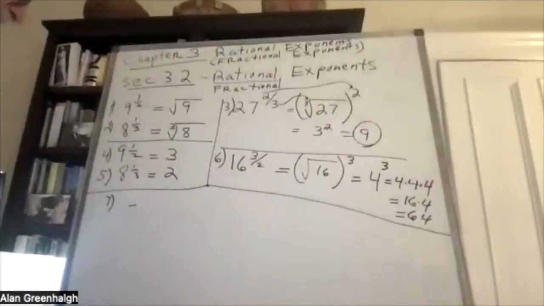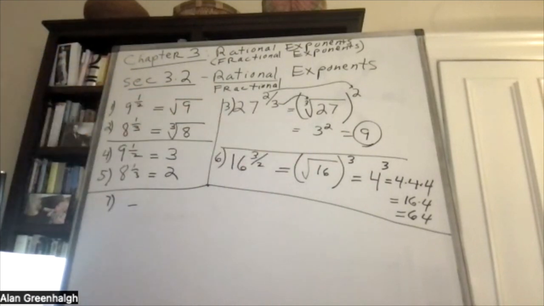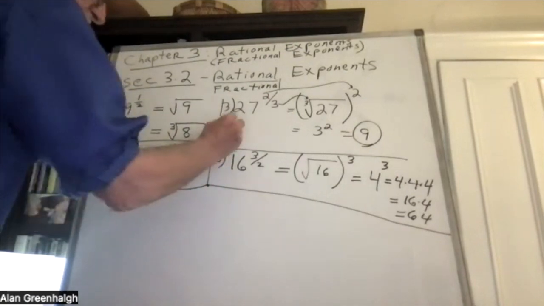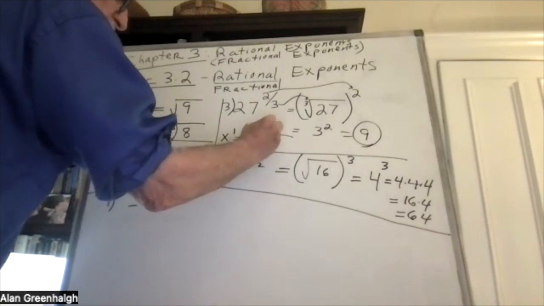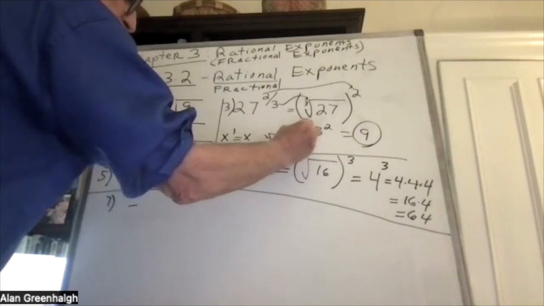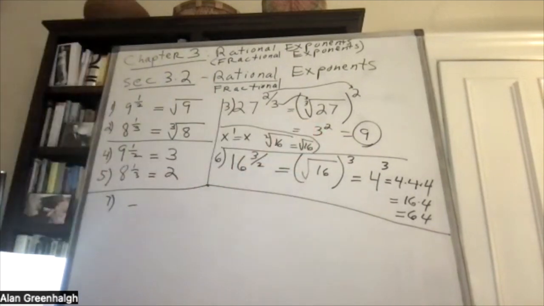Just to be clear, you didn't put a 2 with the square root of 16 because the square root is 2? Correct, yes, it's assumed to be. It's like writing an X to the first. You don't really have to do that, so you just make an X. The square root of 16, you just put the square root of 16. There are some things you just don't put, okay?